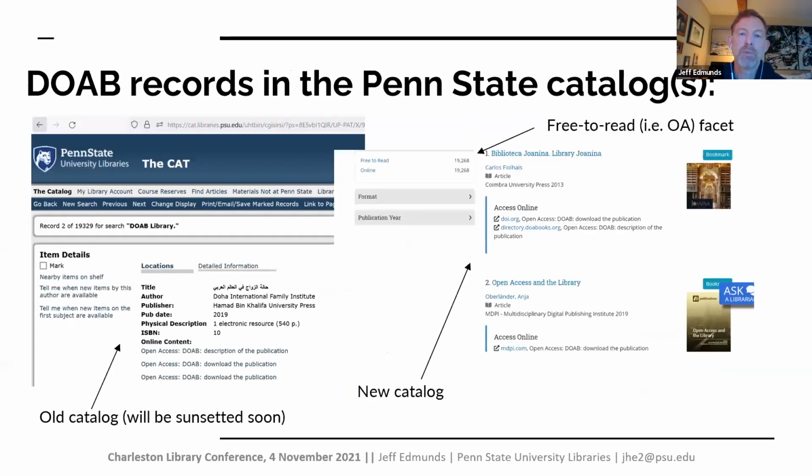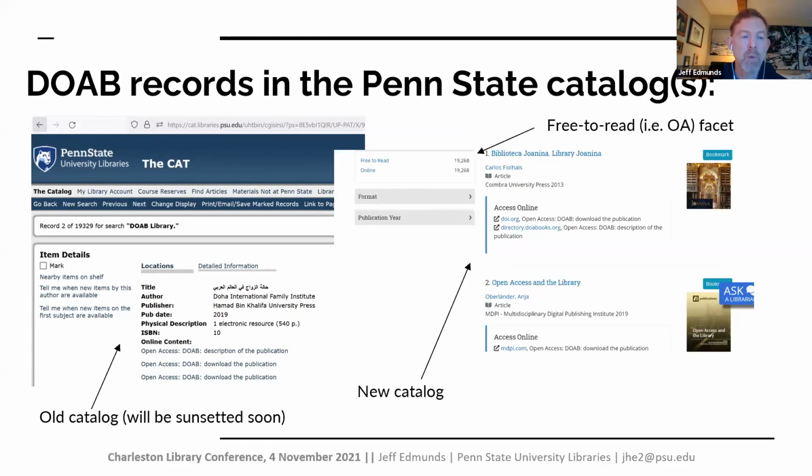So the implications for this in our catalog are as follows. We're in the process of sunsetting our old catalog, which was based on the WebCat that SirsiDynix uses for its public interface. And we're moving to a Blacklight instance, which is the right-hand part of the slide.